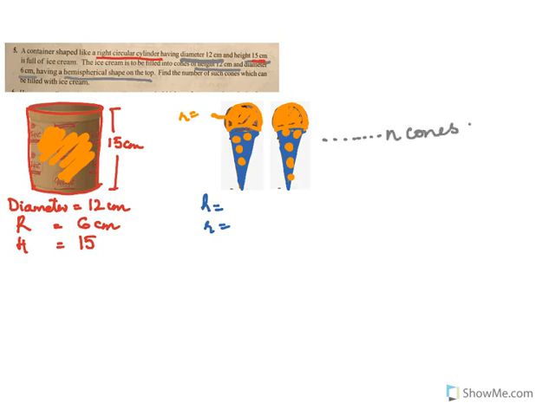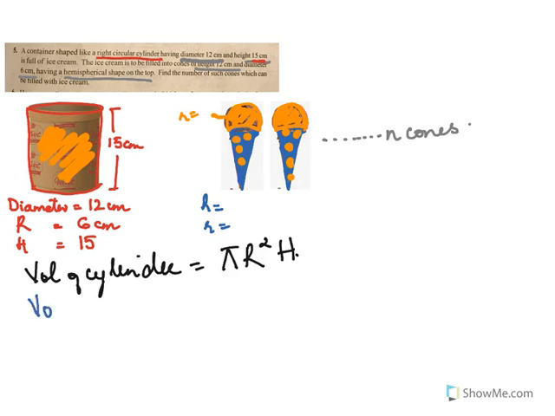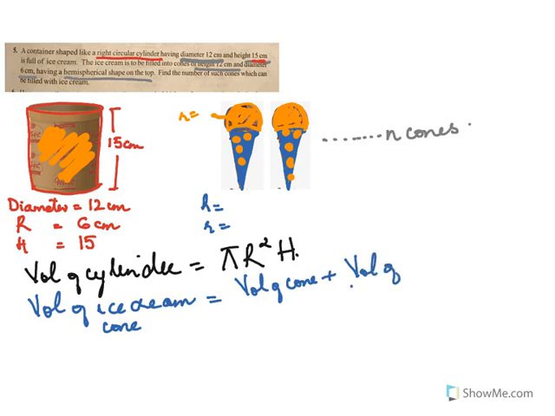We first need to find the volume of the cylinder, which will be pi r square h. And then we need to find the volume of the ice cream cone, which is made up of two parts: volume of cone plus volume of hemisphere.